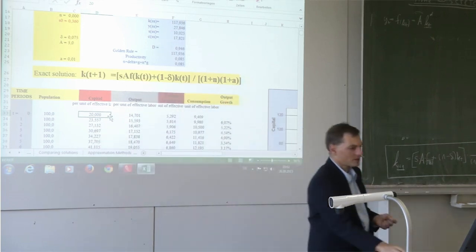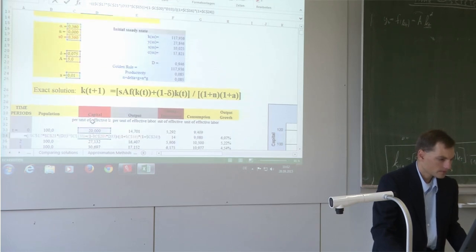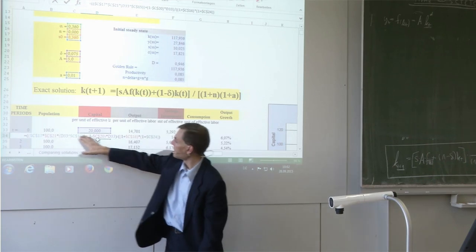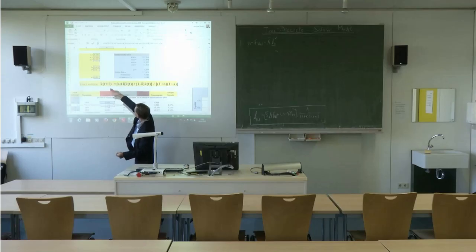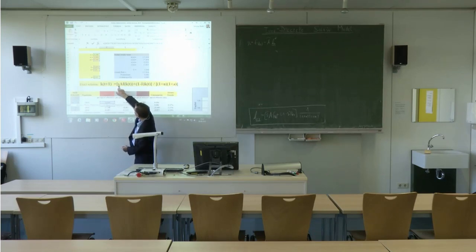So let me click on this cell. And then you see this formula. This formula just links these different cells according to the formula. Let me show this. First, we have here S and this A factor.